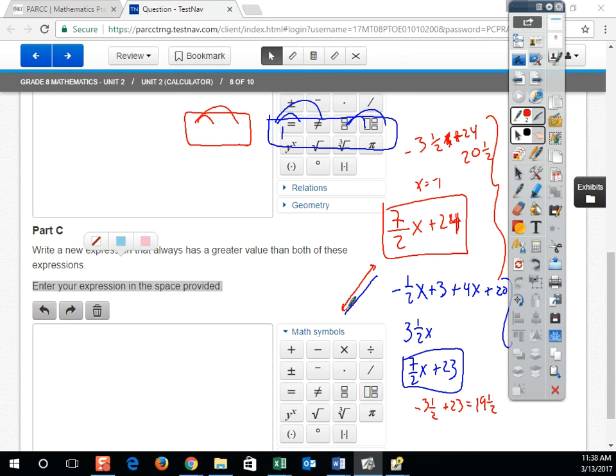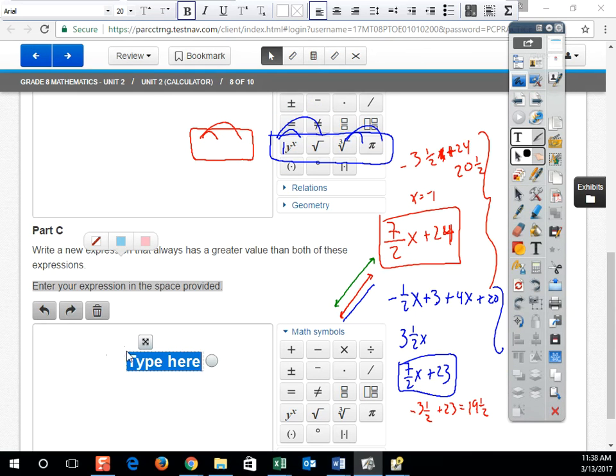Well, if I have a third parallel line that I want to have even greater than the other two, it would have to have a y-intercept that's even larger. So I could pick any number I wanted as long as it was larger than 24. So how about 25? So the expression I would go for here would be, well, we have to have the same slope because we're dealing with parallel lines here.